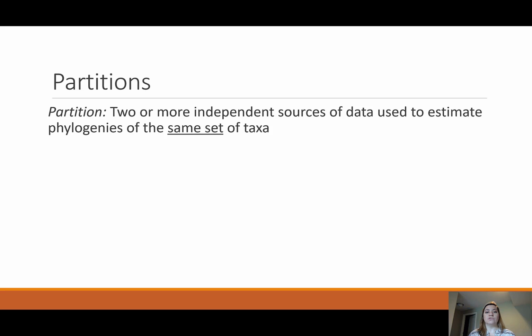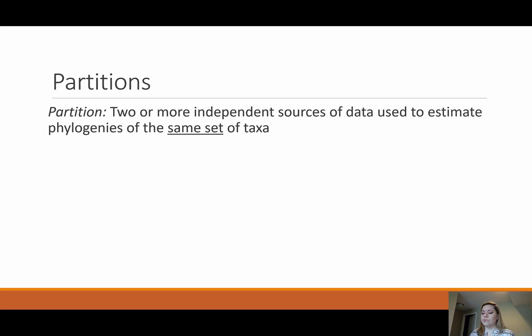They're two independent sources. Now, they are dependent in terms of your DNA encodes for morphology, but we've coded them separately. All right, so a partition is two or more independent sources of data, say morphology and molecules, that you use to estimate the phylogenies of the same set of taxa. So remember that, it's the same set of taxa.